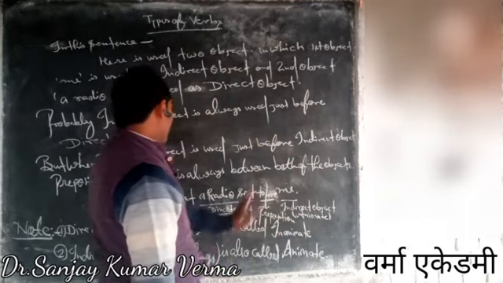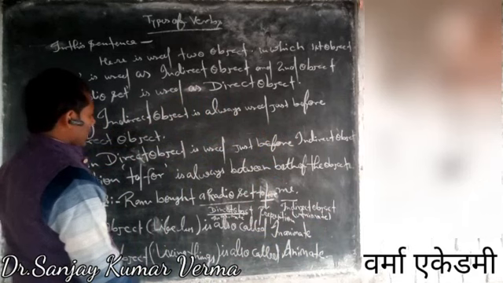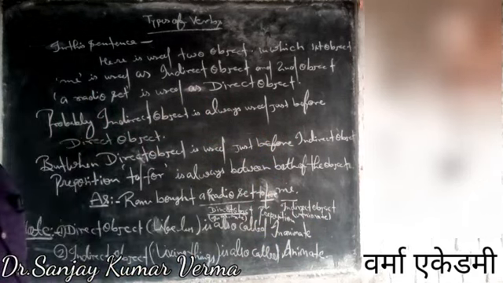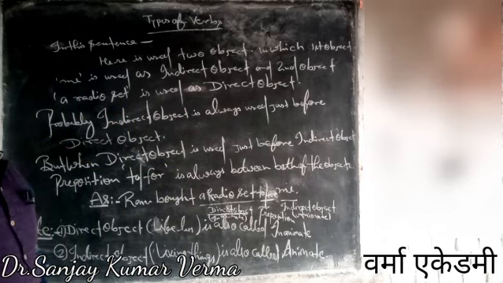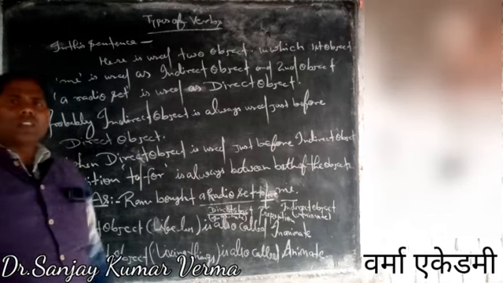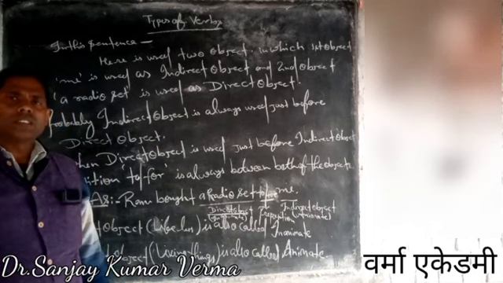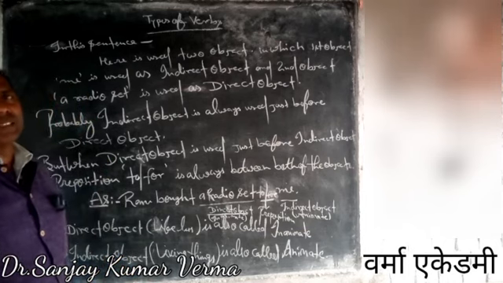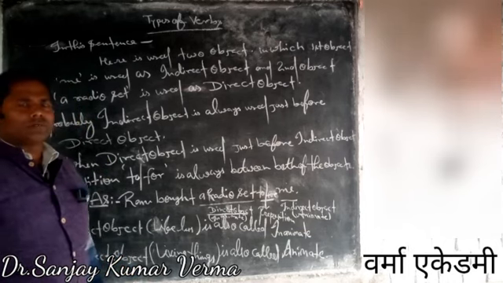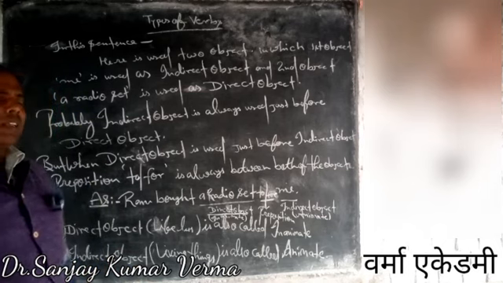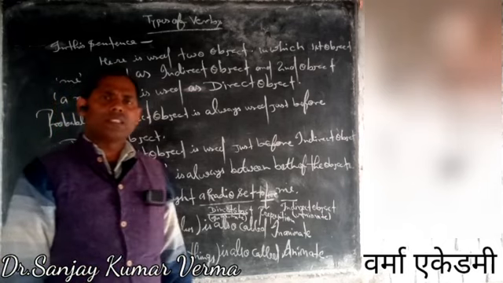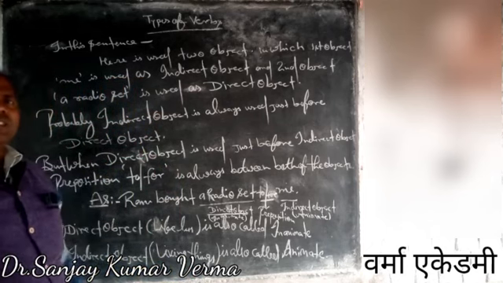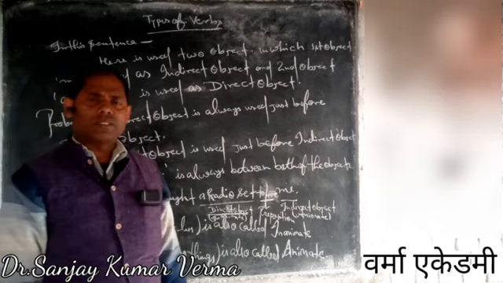Indirect object means animate and direct object means inanimate. Always remember these points. Indirect object or animate is used just before direct object or inanimate.